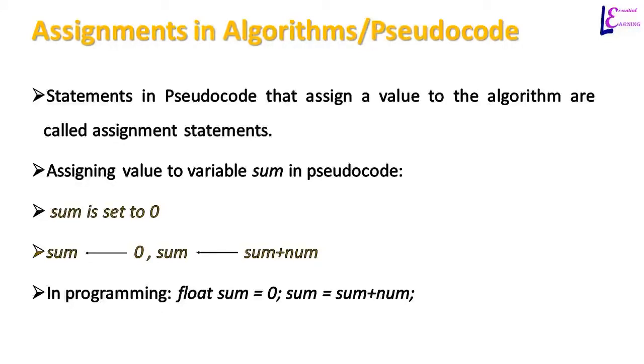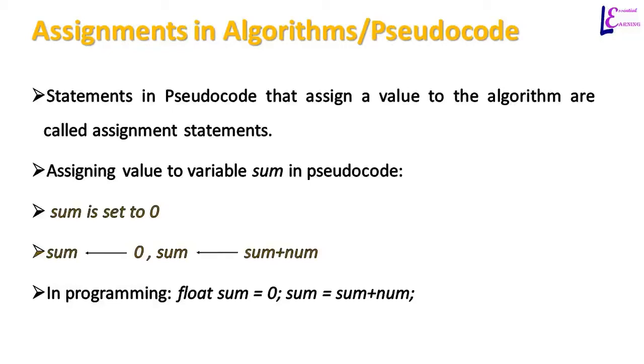Assignment statements in an algorithm are used for assigning or storing values to variables. For example, in the previous slide, we created a variable sum. In pseudocode, we can simply write sum is set to 0, which means sum is assigned a value 0, or you can use a backward arrow to assign a value to a variable.